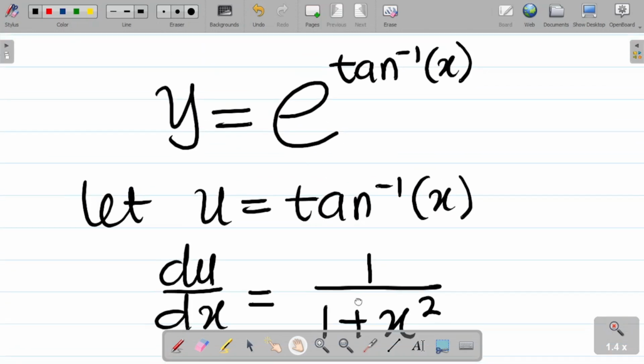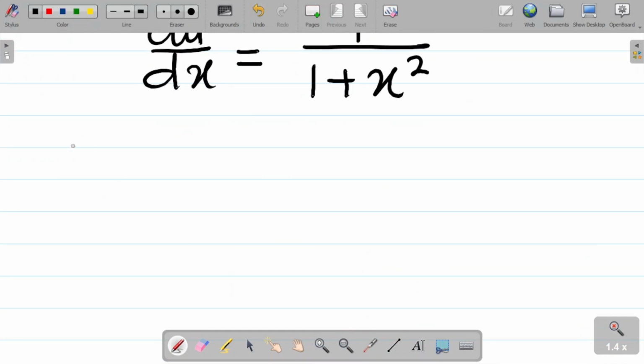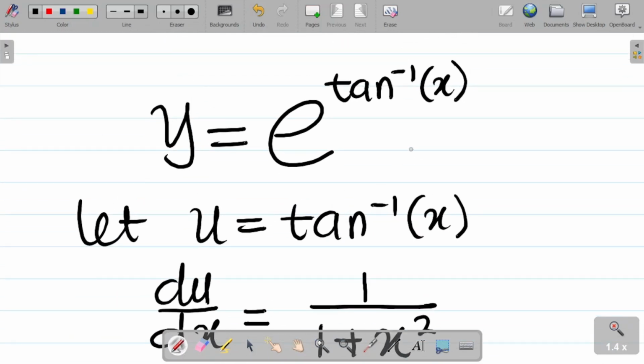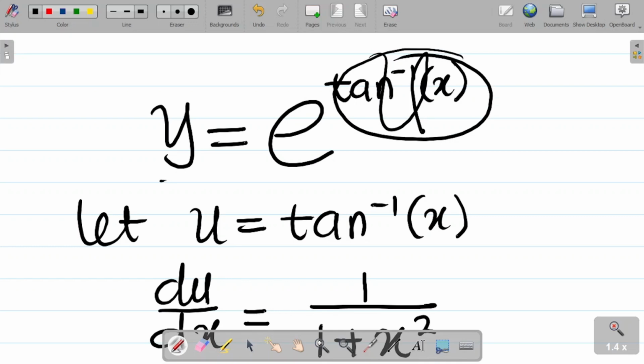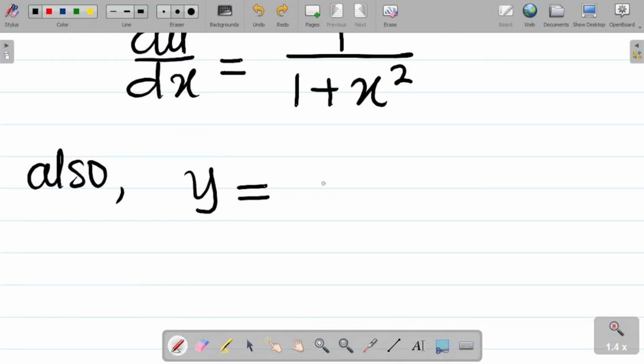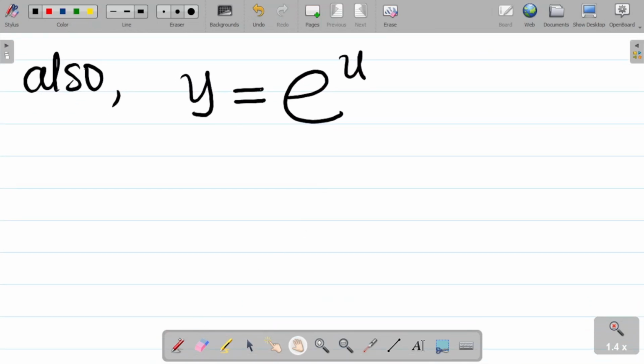My next task here is that I'll now say also y will now be equal to, now if you look at this, we already said u should represent all of this, so we called all of this u. It means that y is now equal to exponential u. So my next task is that y is equal to exponential u. At this point, I'll differentiate y with respect to u.